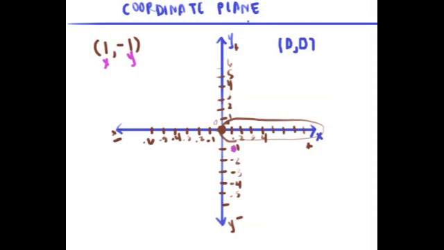See my pink dot right there? And then I label it so I know that that's what it is. That's 1, -1.